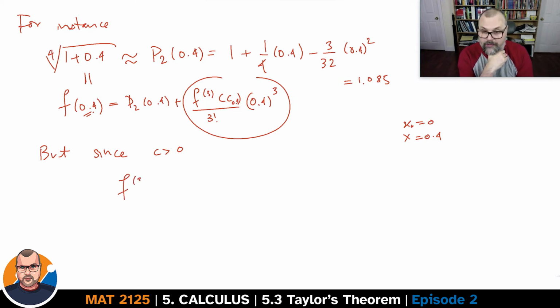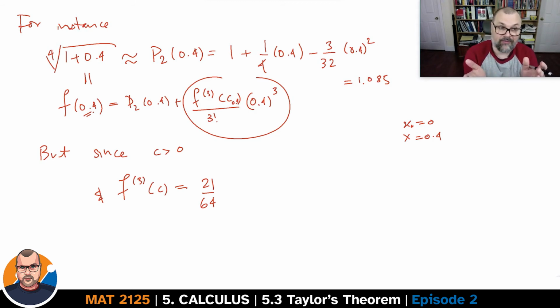The third derivative, you can actually compute it. We know what the function f is. So you go and you compute the third derivative and you evaluate it at c, and you will get the following expression: 21 divided by 64, times 1 plus c to the power minus 11 over 4.